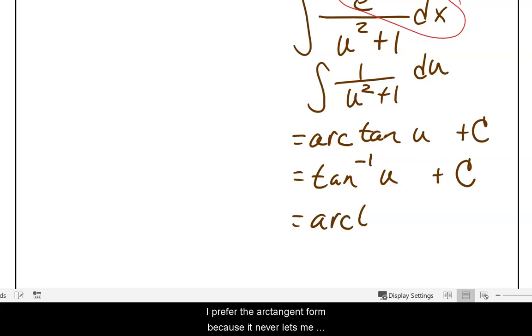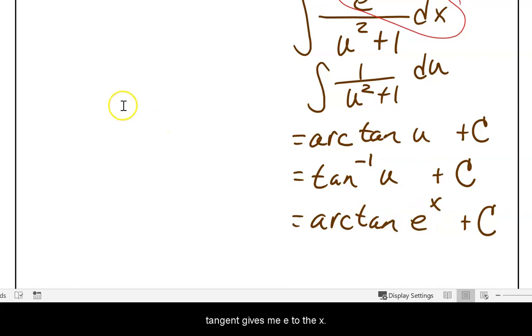I prefer the arctangent form because it never lets me forget that this is not tangent, and it's definitely not the reciprocal. This is the angle, beginning with a, whose tangent gives me e to the x. This is a very tricky one. If you struggle with this one, again, don't panic.